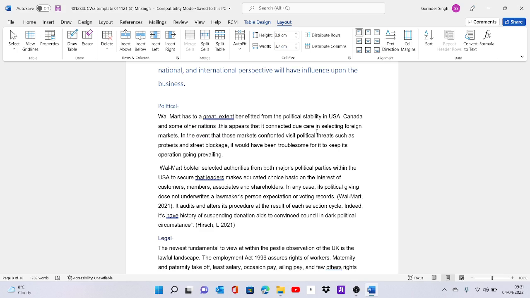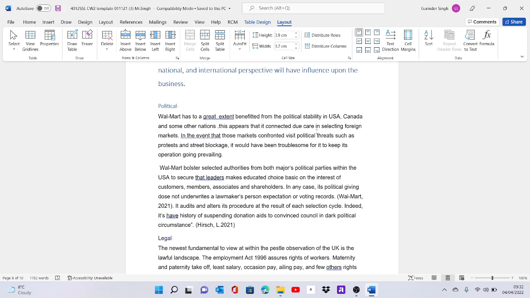Walmart supported selected officials from both major political parties within the USA to ensure that leaders make educated choices based on the interest of customers, members, associates, and shareholders.